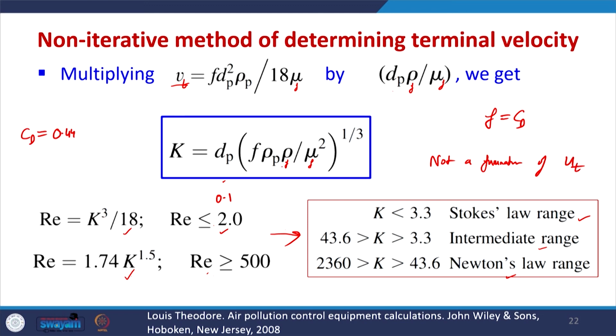So, there is no velocity term, that is why in this expression there is no ut term. So, K can be found out directly, and once K is found, we can easily know the region in which it lies, and once we know the region directly, we can directly apply that particular expression. So, we can always solve using this particular non-iterative method for determining the terminal velocity.